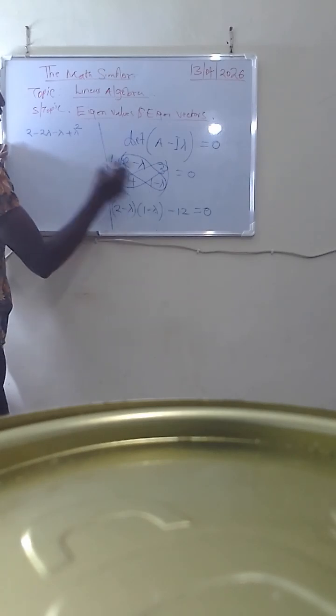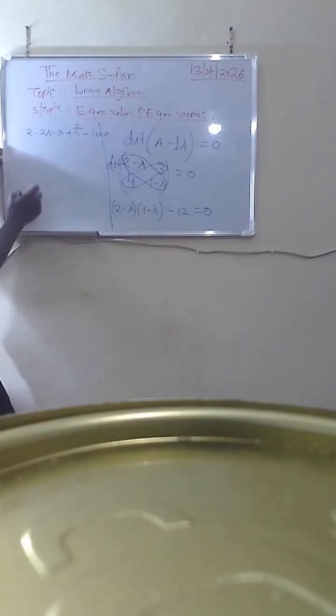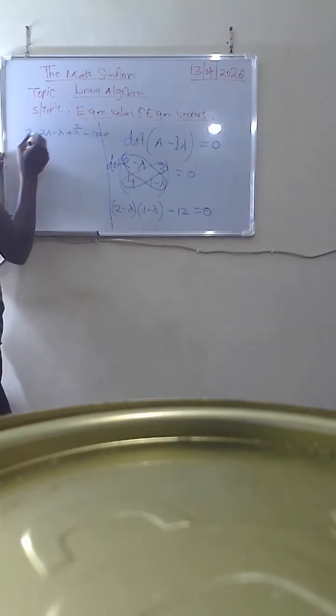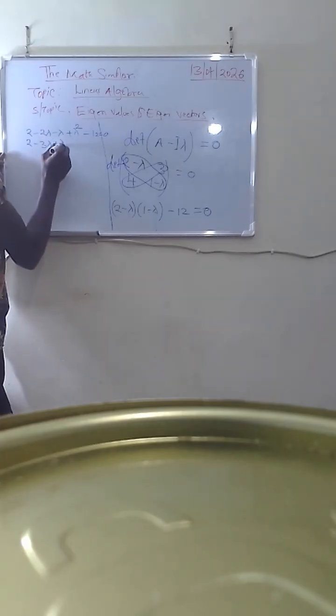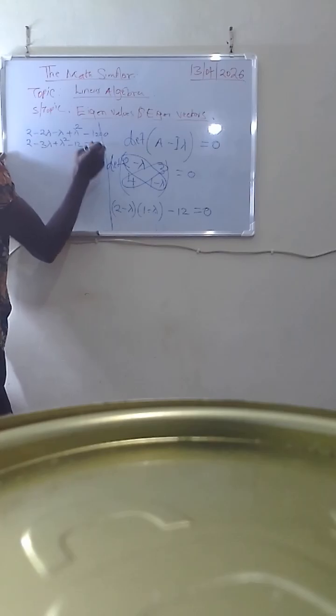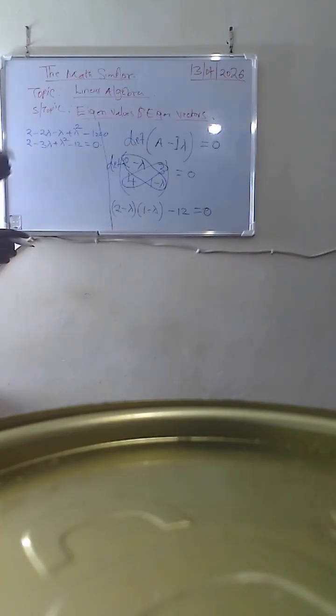All that minus 12 equals 0. Collect like terms: 2 minus 3 lambda plus lambda squared minus 12 equals 0.